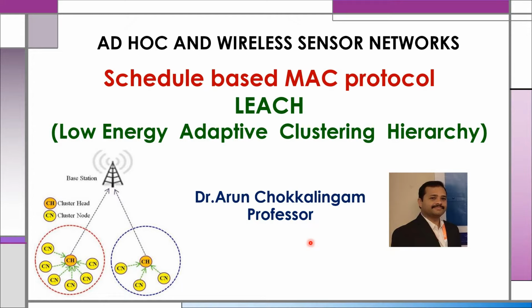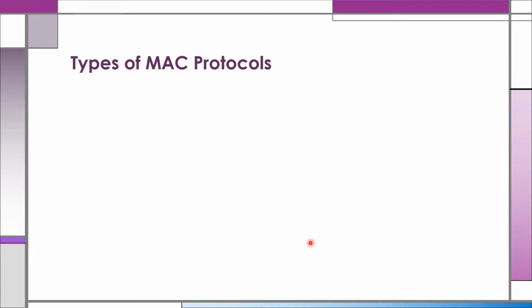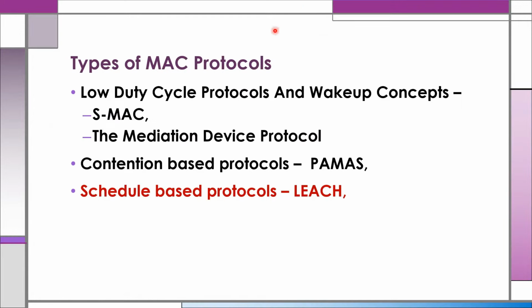How they have achieved that extension of the lifetime of the network, that we are going to discuss in this video. Different types of MAC protocols are available. Low duty cycle protocol and Wakeup concept. Within that we have SMAC protocol and Mediation Device Protocol.